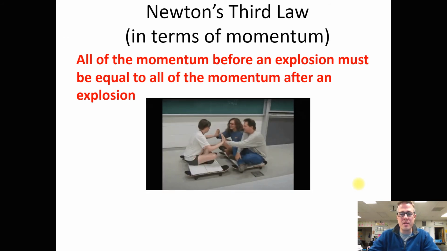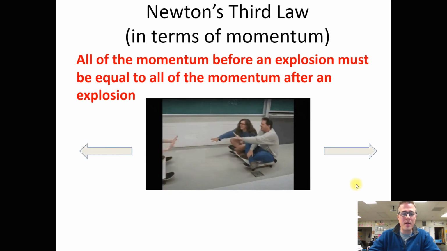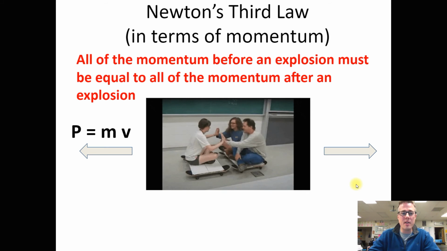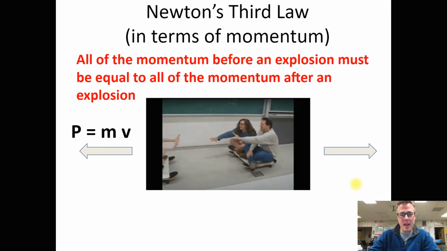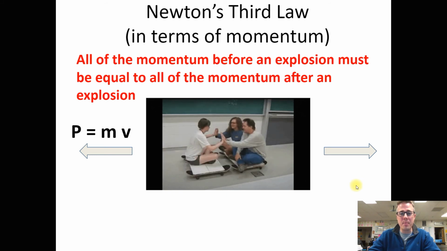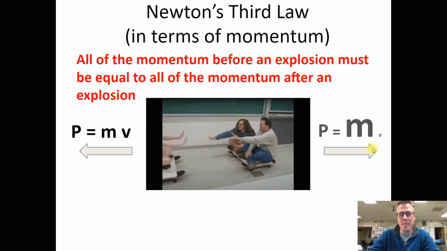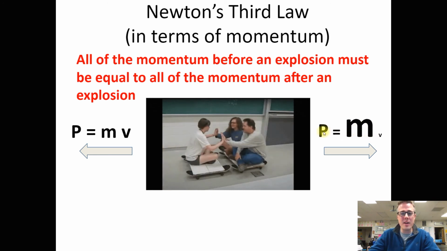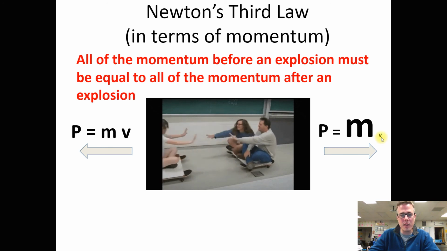So in this situation, when they push apart, the girl on the left still has the same momentum because her mass didn't change. Her velocity didn't change. Everything for the girl on the left is the exact same momentum. But the people on the right, because now we've increased the mass so much, the mass is huge, that means in order to have the same momentum, the velocity had to shrink down to be really tiny.